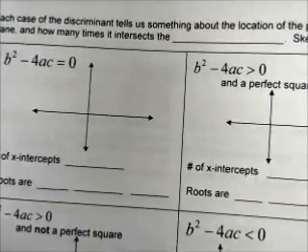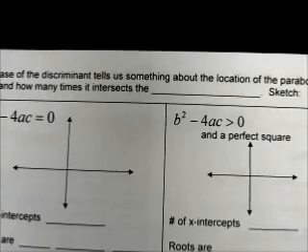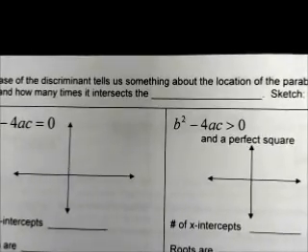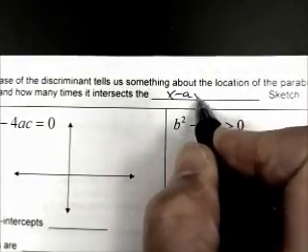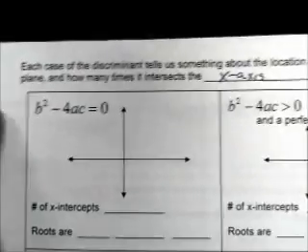Next page, page 4. Each case of the discriminant tells us something about the location of the parabola on the xy plane and how many times it intersects the x-axis. So we are going to sketch, right?